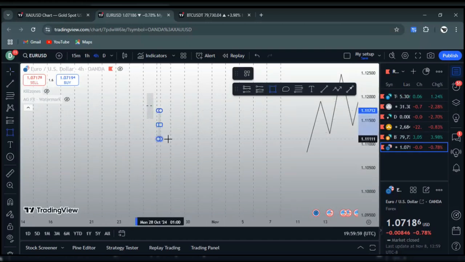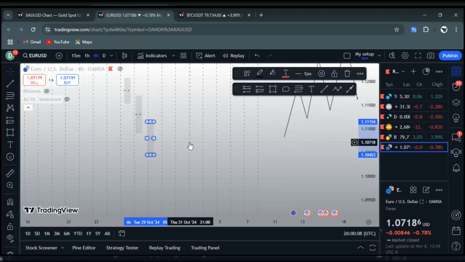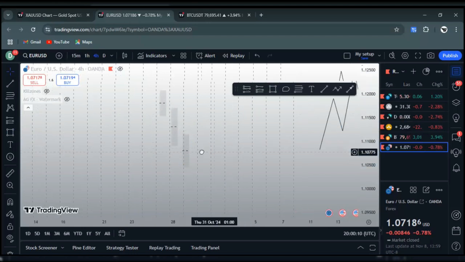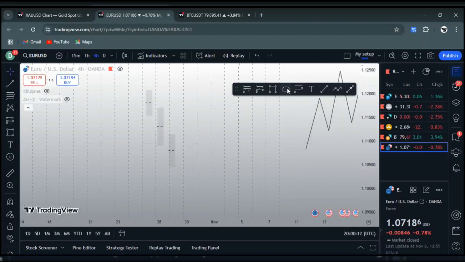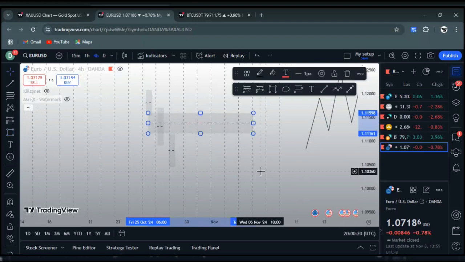Let me just use this basic fair value gap drawing. When this fair value gap is created, it's expected that the gap gets respected when the market reverses and comes back. It's expected that the market still comes back to respect the zone that you mark.